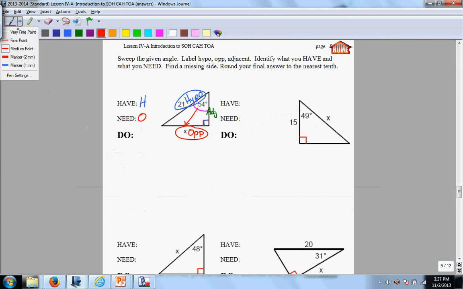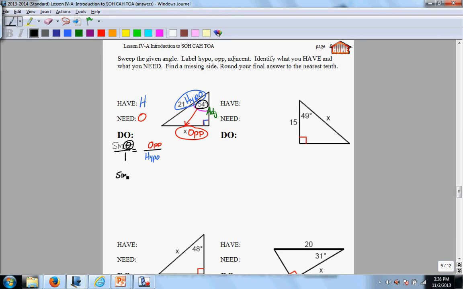So you write it out, sine of theta over 1 equals opposite over hypo. Write exactly that down. Then, very carefully, you do circle, plug, chug. Circle theta, which is 54.